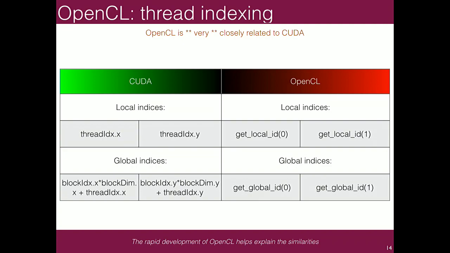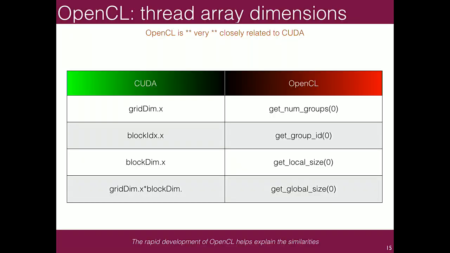I prefer this one, that you can basically just say, what's my index locally or what's my index globally? That's a lot easier than messing around. Grid dimension becomes get num groups, block index becomes get group ID, block dim becomes get local size, grid dim times block dim becomes get global size. So it's a much more rational way to find out what your rank is, what the size of the problem is, what the size of the thread array is, and so on.